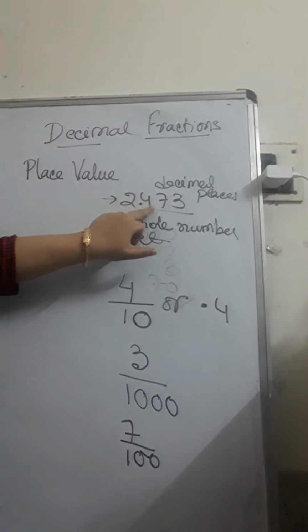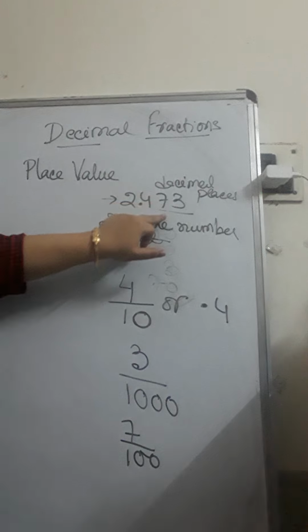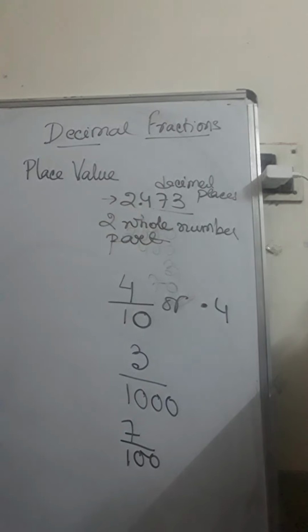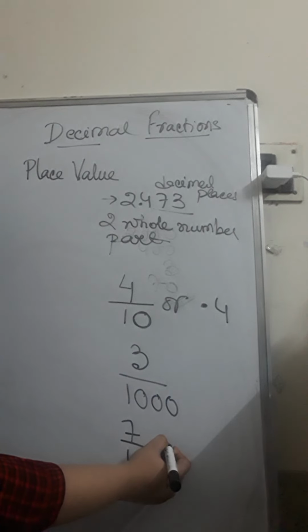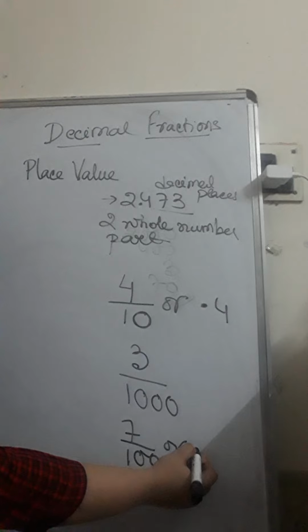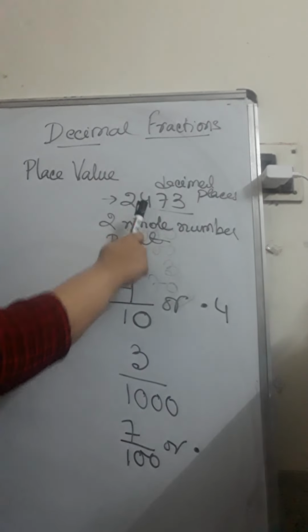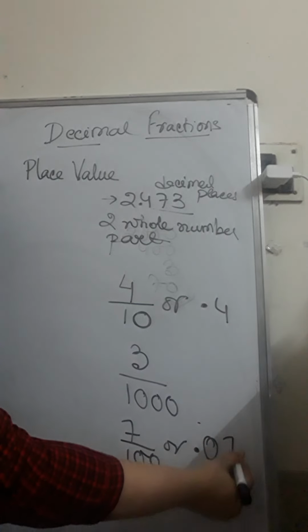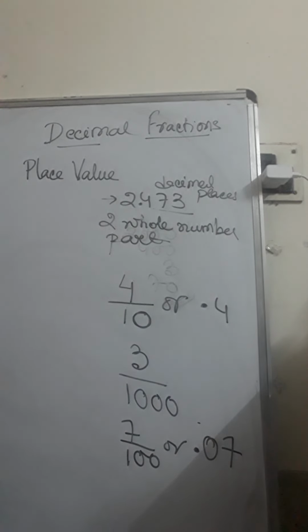So instead of the digit you cross, you take 0, and 7 is present next to it. So 0.07 is also the place value.